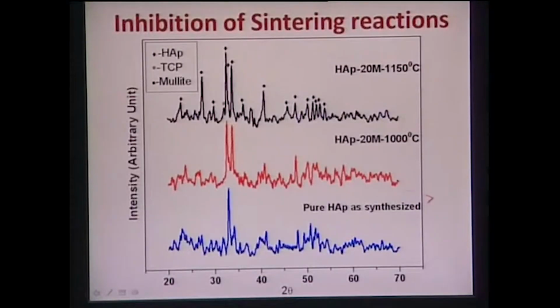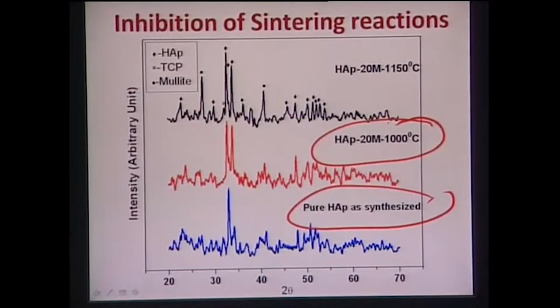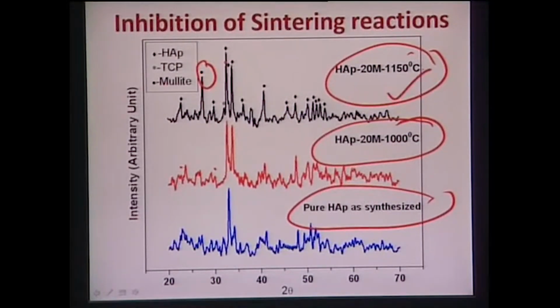Now this is the hydroxyapatite as synthesized, and when you sinter it by SPS at 1000 or 1150 degrees Celsius, we do not see any presence of tricalcium phosphate except in the 1150 degrees Celsius samples, and there is no other reaction product like calcium aluminosilicate or alumina or silica. Those kinds of reaction products are not there. So it is very clear that if you use spark plasma sintering, you can avoid those sintering reactions and retain both hydroxyapatite and mullite phases in the microstructure.